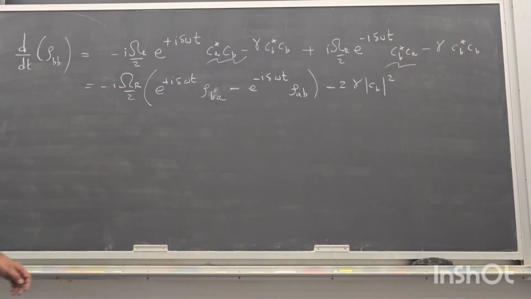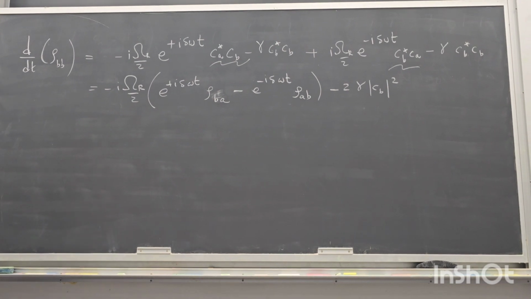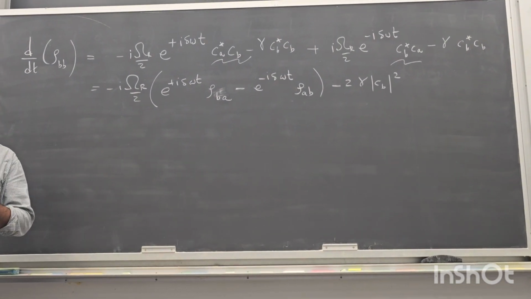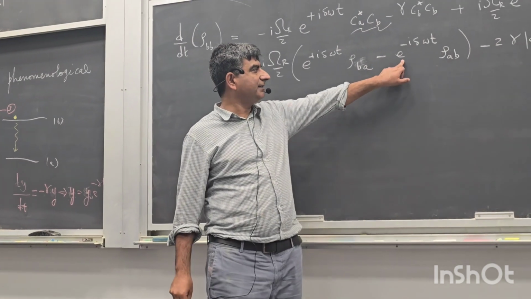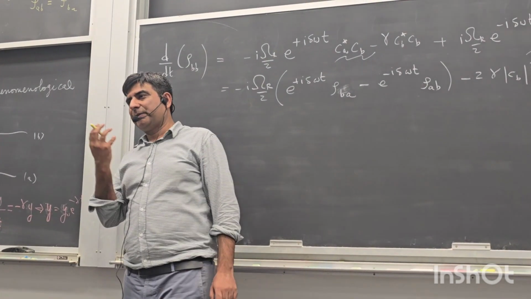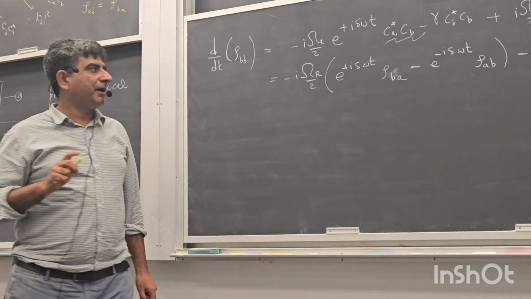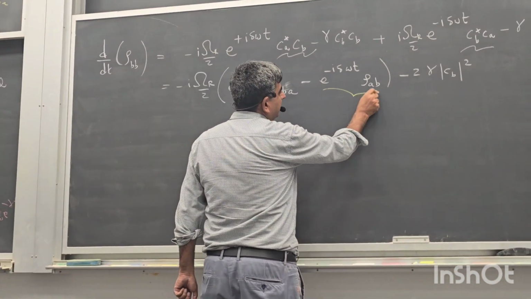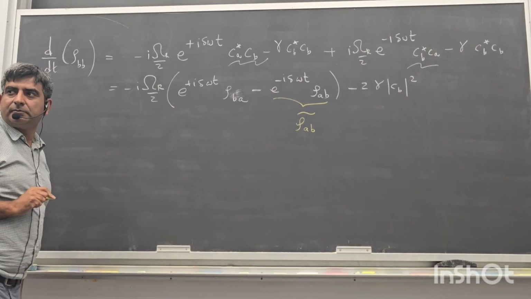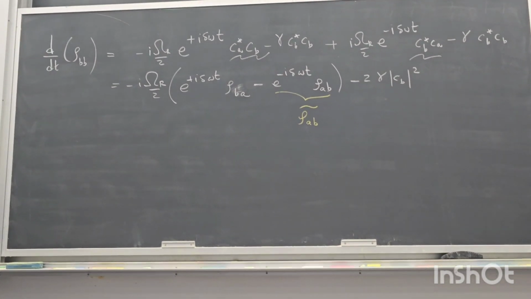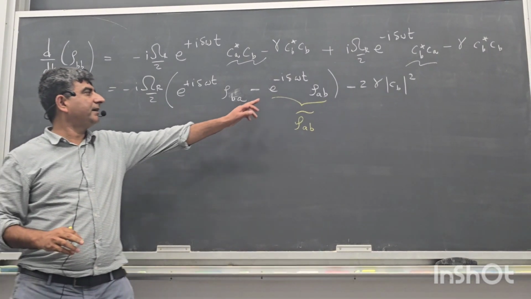So nice. Okay. Now I would like to do another substitution. I move to a rotating frame. Now the coherences are rotating. Observe the coherence here is rotating at a frequency which is equal to the detuning frequency. So I replace this thing by rho AB tilde. I move to a frame in which this time dependence is halted.